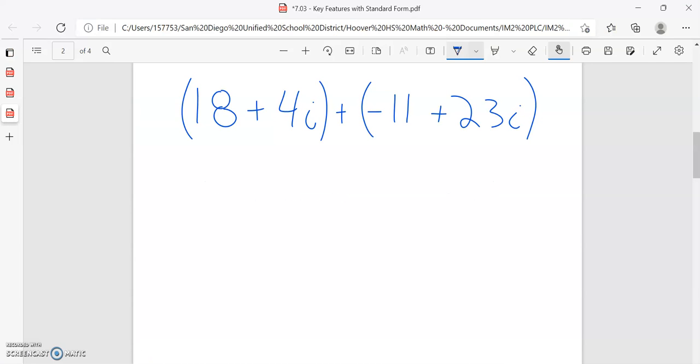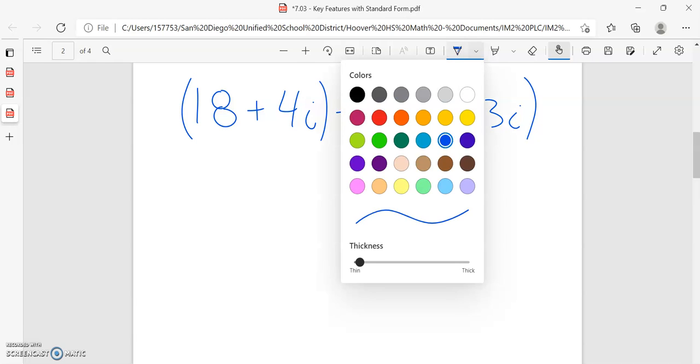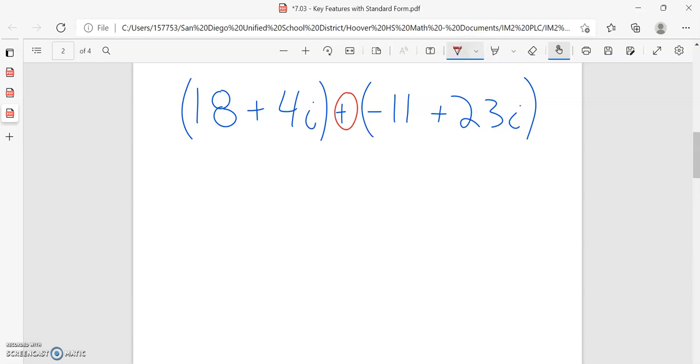Okay, so it's correct. So what we need to do is identify like terms. Actually, first thing you want to do is distribute this sign. Okay, so it's positive, so we're not changing these numbers. The signs are going to stay the same. So we can really rewrite everything as 18 plus 4i minus 11 plus 23i.